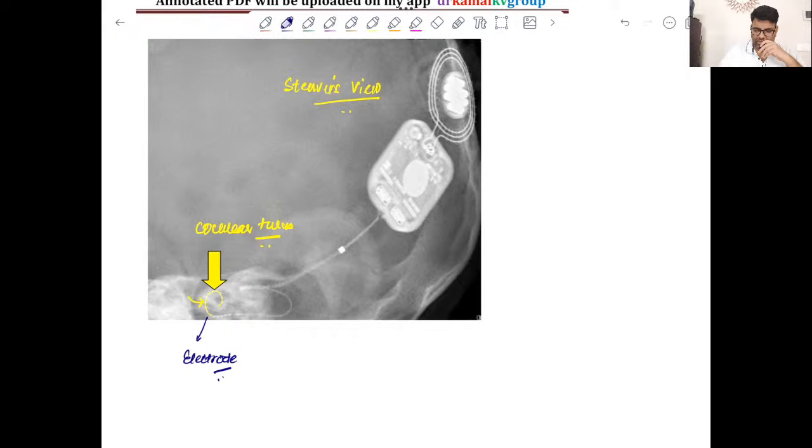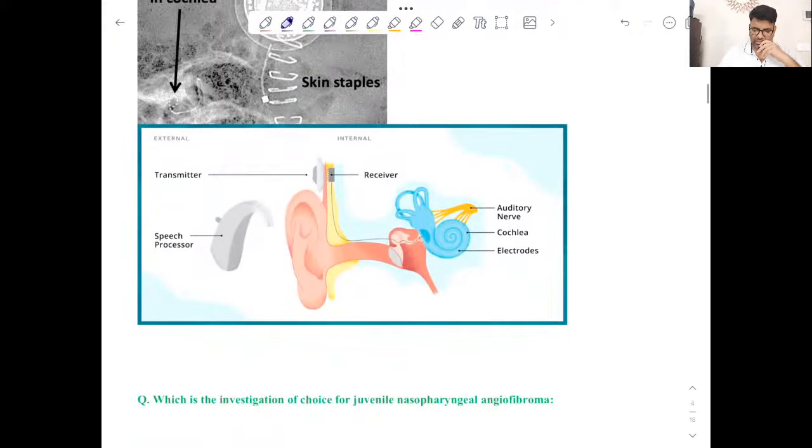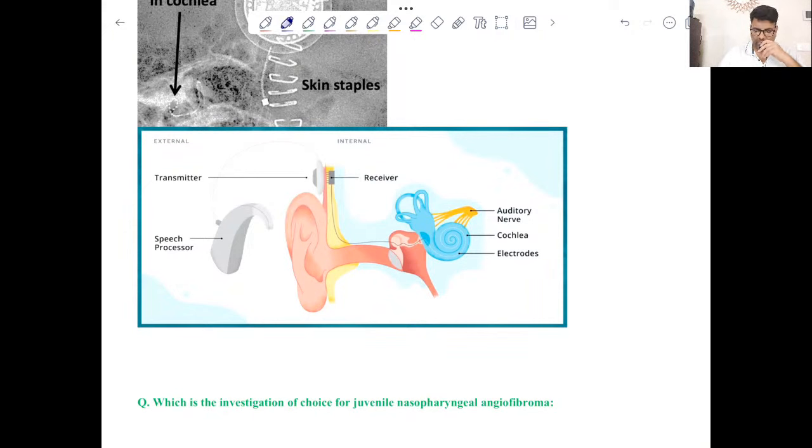So to understand this particular image, we first have to understand how a cochlear implant actually looks. So this is a picture of a cochlear implant. It has certain portions.